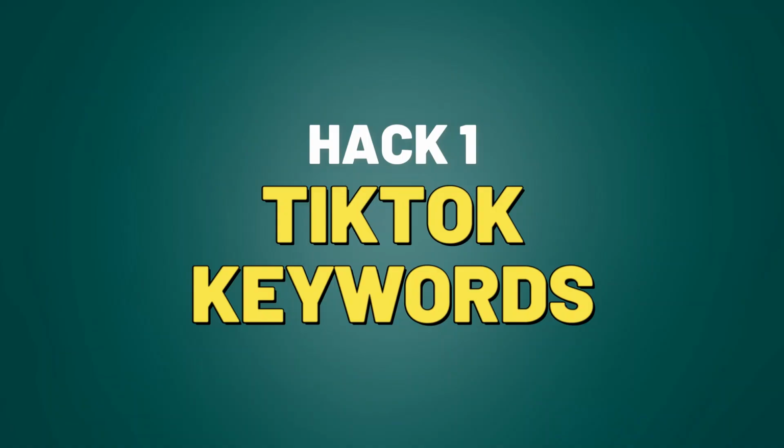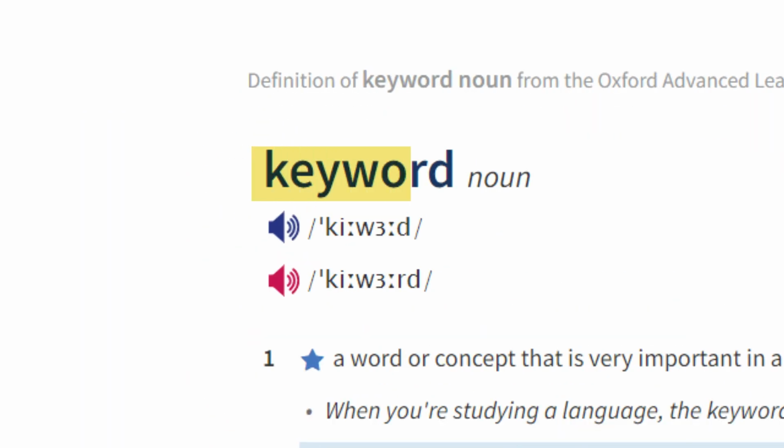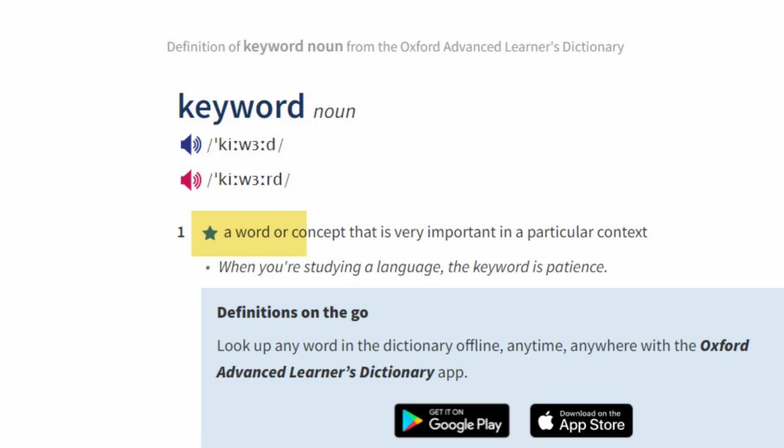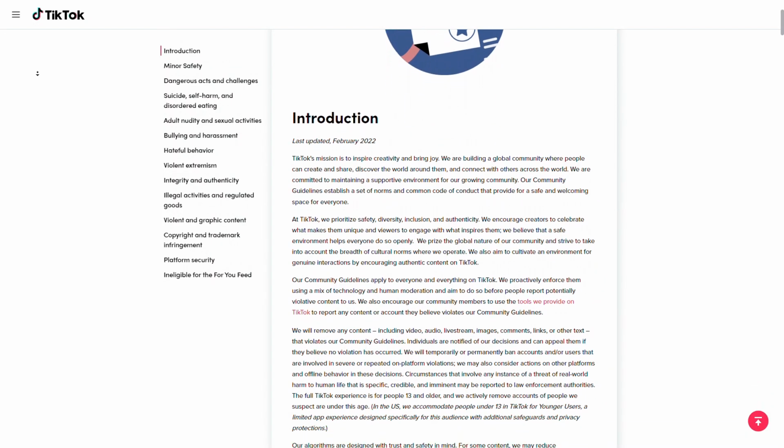TikTok algorithm hack 1, add keywords to your TikTok videos. This is the definition of a keyword, which is a word or concept that is very important in a particular context. Did you know that the TikTok algorithm is listening to all your TikTok videos? And the reason being is that the TikTok algorithm wants to ensure that the videos that you post on TikTok and what everyone else posts on TikTok, that it actually adheres to the TikTok community guidelines.